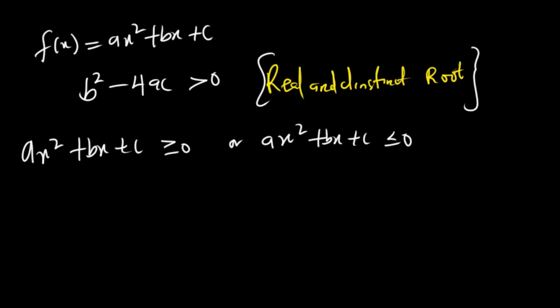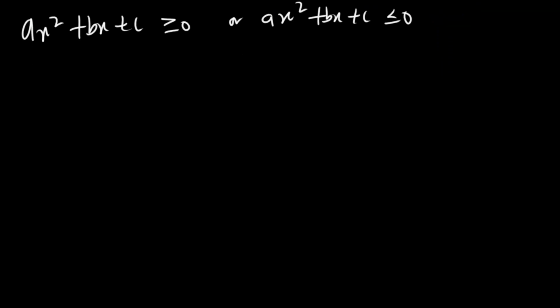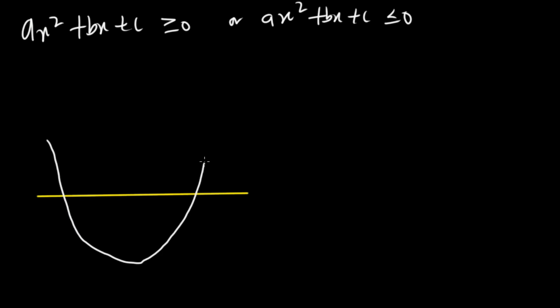Now let's look at the parabola graph, and we can use this to solve quadratic inequality. Let's look at the first graph. If I have my x-axis like this, and a graph of this form, I know that I have a real and distinct root.